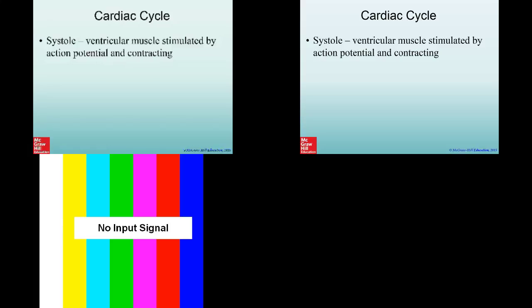We'll have periods of systole. We'll have atrial systole, when the atria are contracting; during that period, the ventricles are in diastole. They're relaxed. Then we'll have ventricular systole, where the ventricles are contracting and the atria are in diastole.